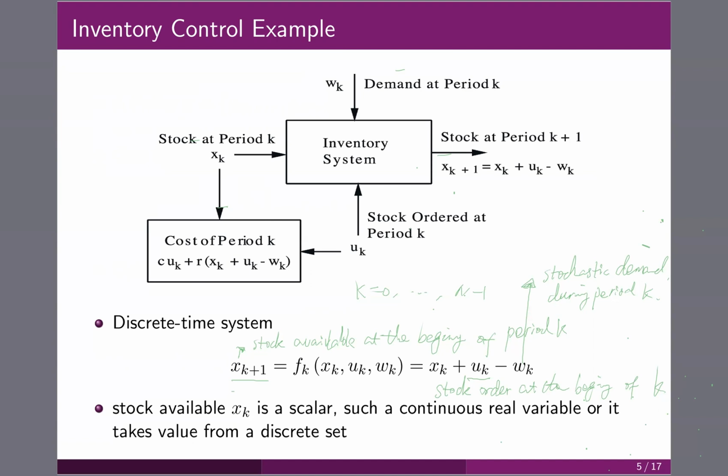We will note that this xk is a scalar. This can be a continuous real variable, or it can take value from a discrete set. If we can only order some fixed possible quantities of items, then this will take value from a discrete set.